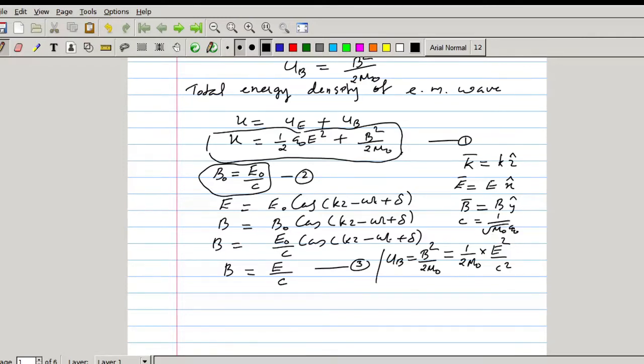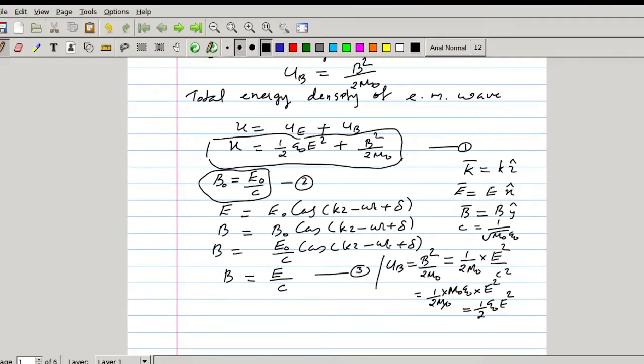So 1 by C square is mu 0 epsilon 0. This equation becomes 1 by 2 mu 0 into mu 0 epsilon 0 into E square. So this mu 0 will get cancelled, and we will be having half epsilon 0 E square.